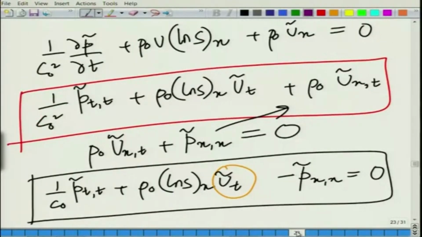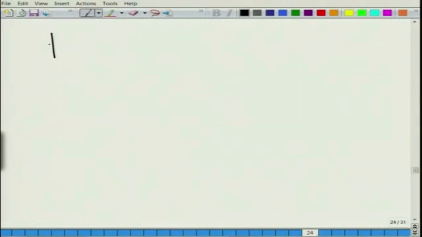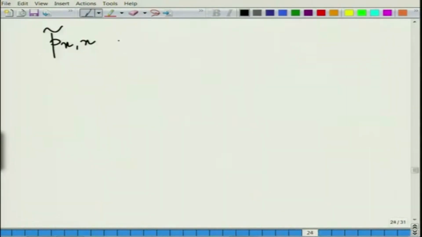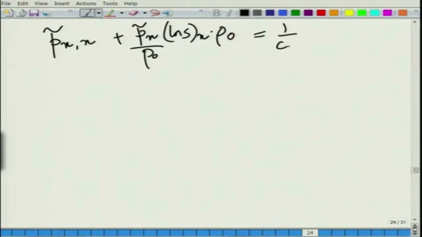Once we do it, we transpose all the terms to the right hand side. We do the transposition of these terms plus the substitution of u tilde equal to minus p x. Once we do that, we get p tilde x times the log derivative of S x into rho naught, which is equal to 1 by c naught square times p tilde t t.